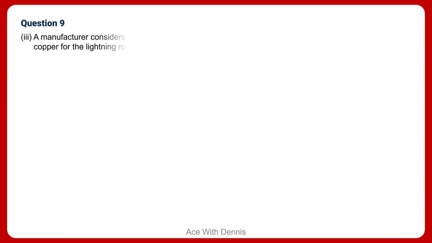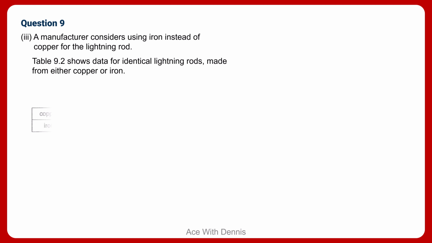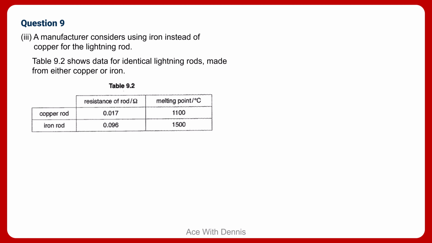Part 3. A manufacturer considers using iron instead of copper for the lightning rod. Table 9.2 shows data for identical lightning rods made from either copper or iron. The specific heat capacity of the iron and copper are similar.